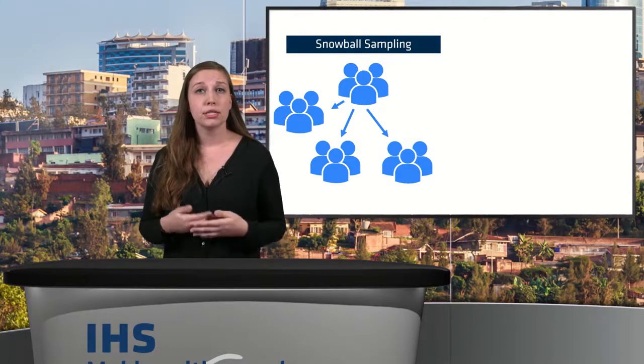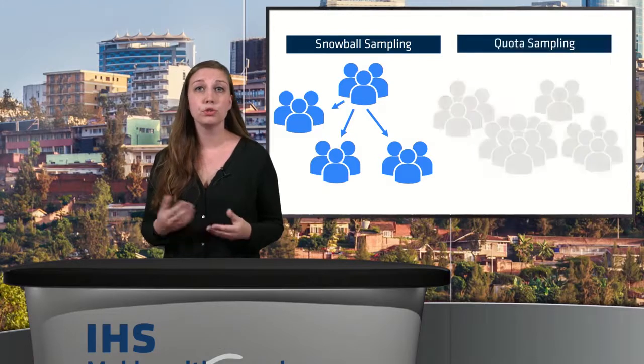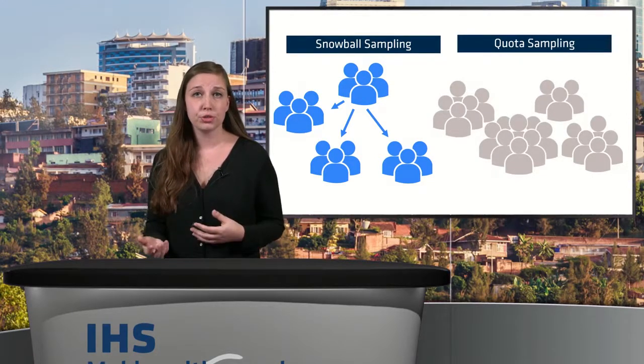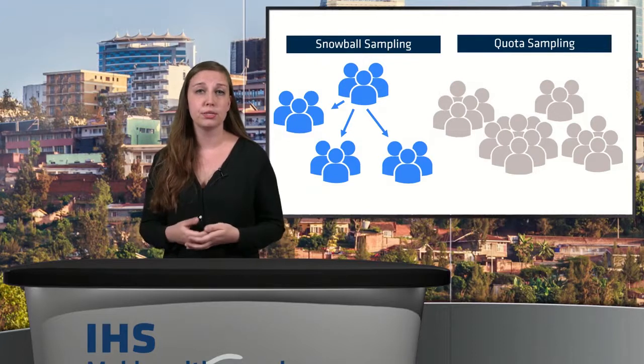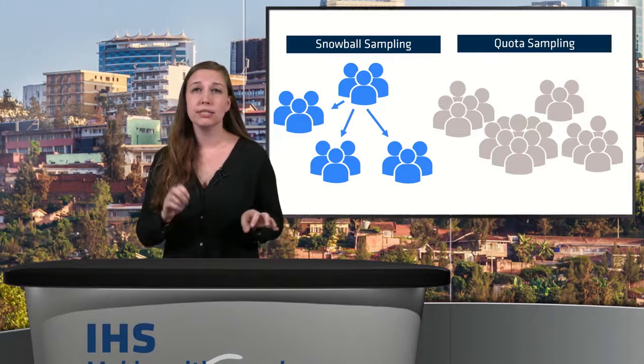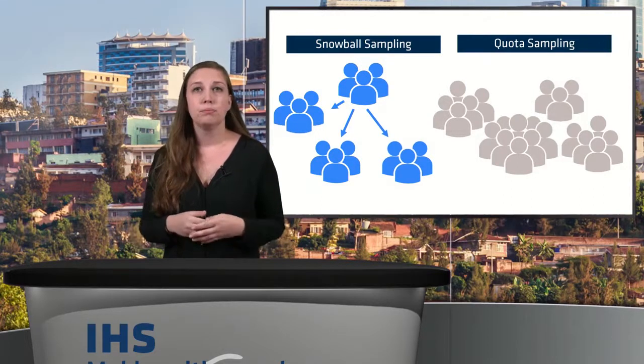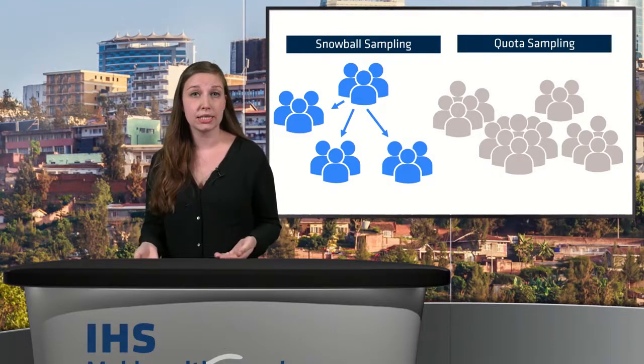Another option is quota sampling, which is also purposive, but it looks like a non-random version of the stratified random sample that I mentioned before. With quota sampling, the population is also divided into different groups according to specific characteristics, but the sample is taken from these groups based on the researcher's expectations.